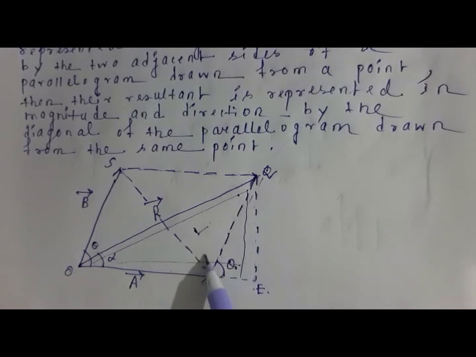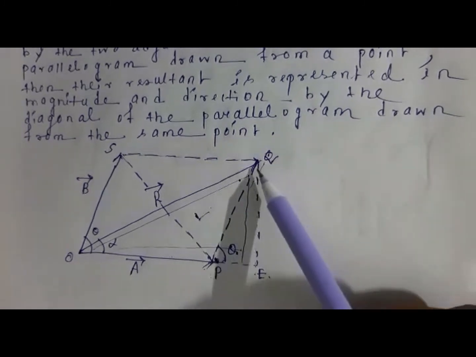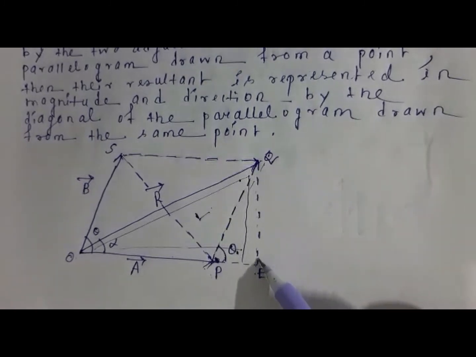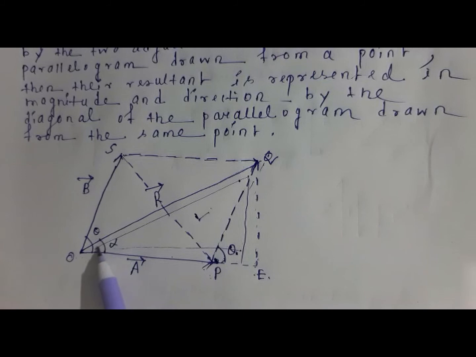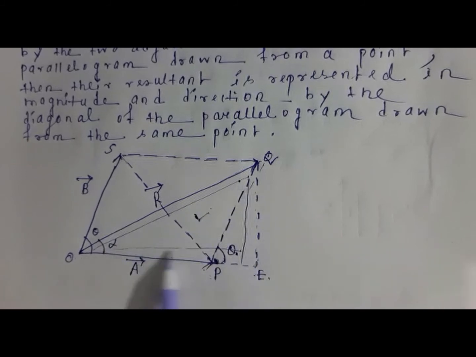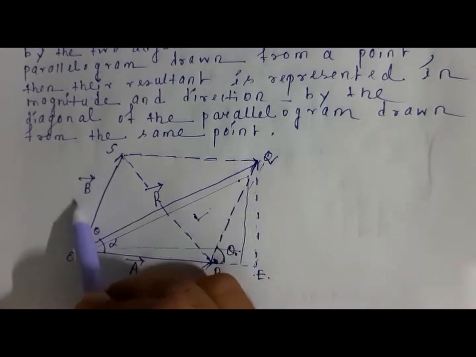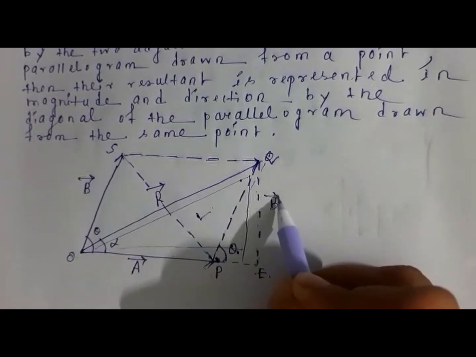For this, you can find the magnitude and direction the same way we did in the triangle law of vector addition. You just need to draw a perpendicular from here. It's almost similar to the triangle law. If this is your B vector, this is also your B vector.